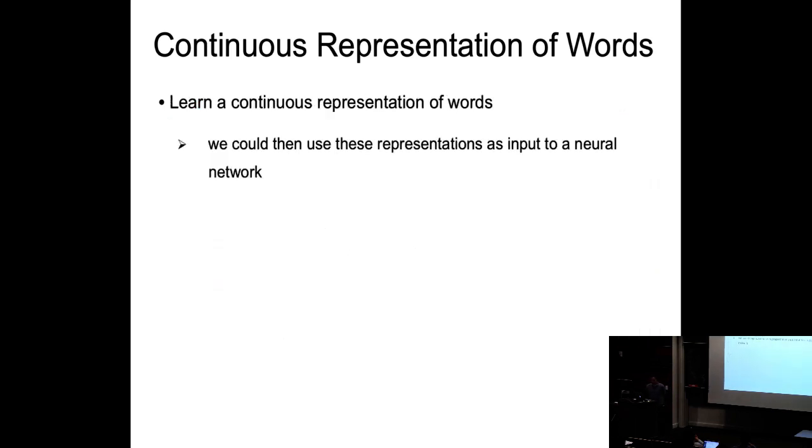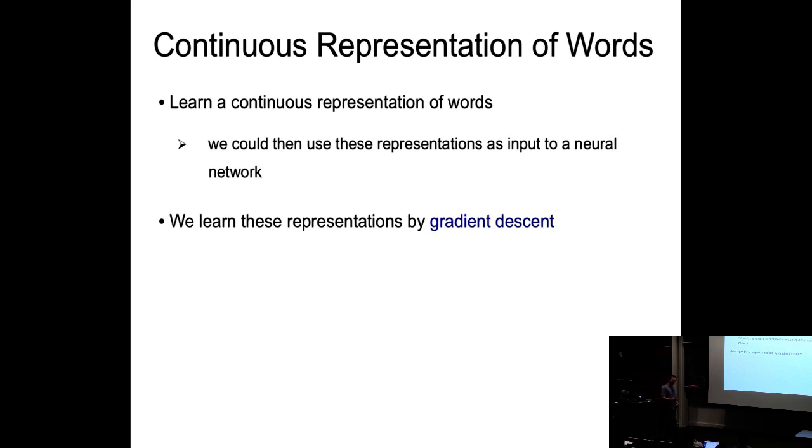What we'd like to do is learn a continuous representation of words and use them as input to the neural networks. Once we have this continuous representation, think of them as 50-dimensional vectors, we can use them as the input into the networks. What's important is that we can actually learn these representations by doing gradient descent.